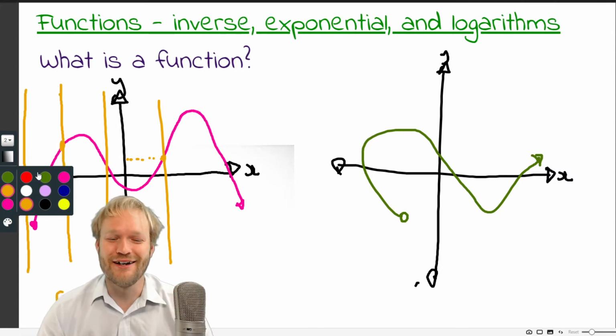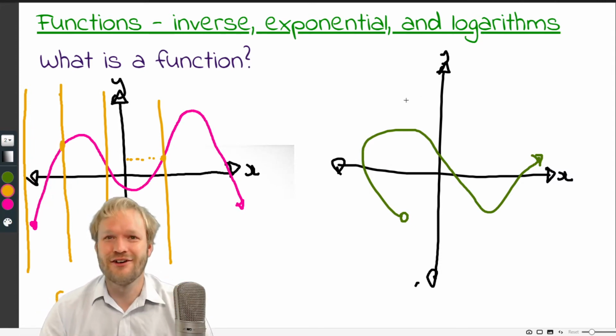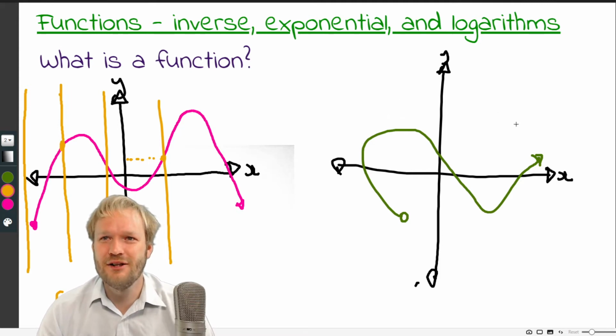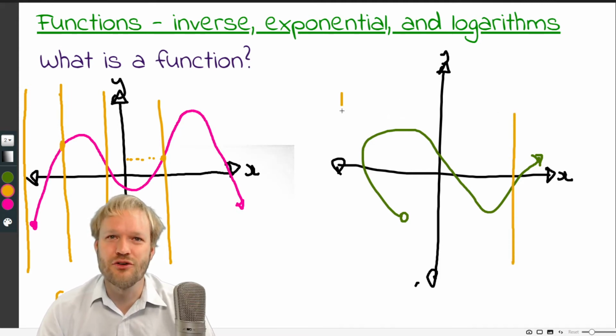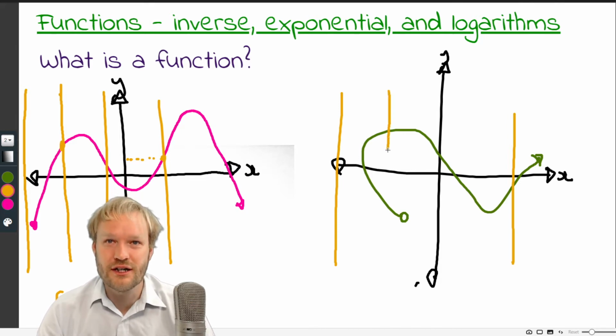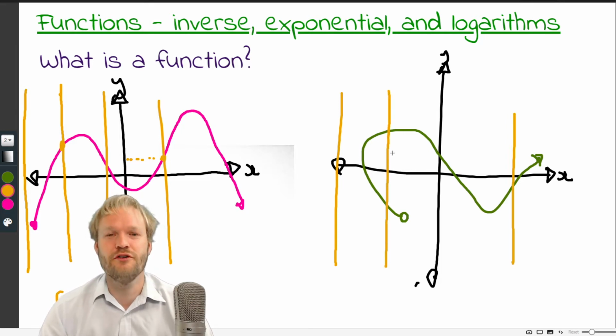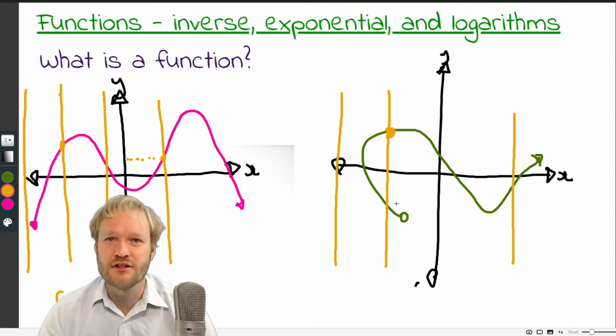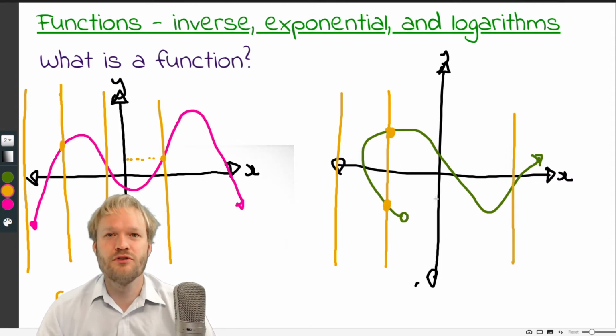Can we draw a vertical line that only crosses this once? Well, here we can. Here we can draw it and it doesn't cross at all, so you feel like, hey, maybe it's a function. But all it takes is one place where we can draw a vertical line that crosses the relationship more than once, and therefore it's not a function. For this x input, there are two y outputs.